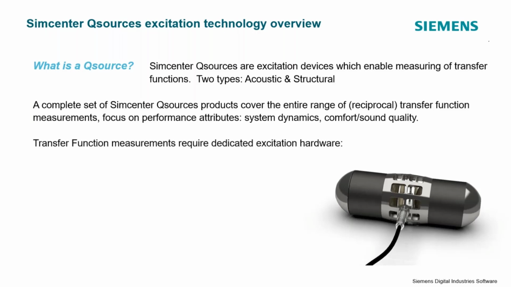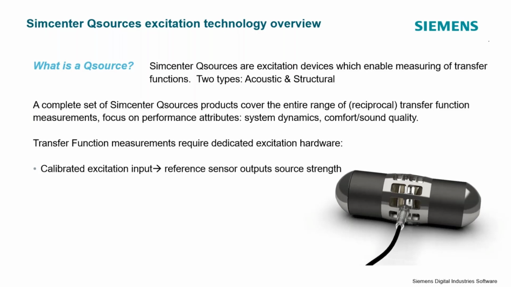In order to measure transfer functions accurately, you really should have some dedicated hardware. Most importantly, we want to be measuring the amount of input we're putting into the system. If you're familiar with impact testing, you could be using an impact hammer to strike your structure, and it's got a load cell in that hammer, and it's measuring how many newtons you're putting into your structure.